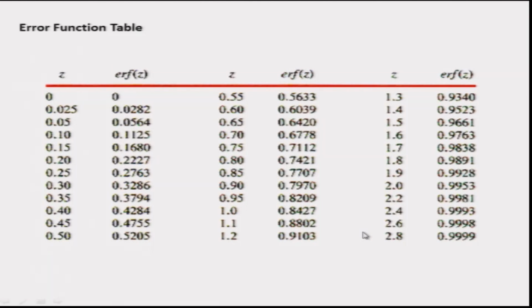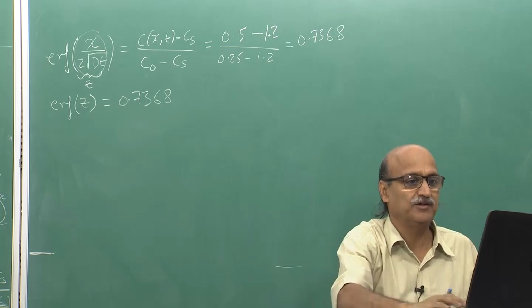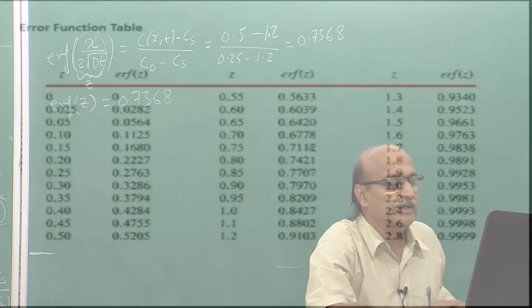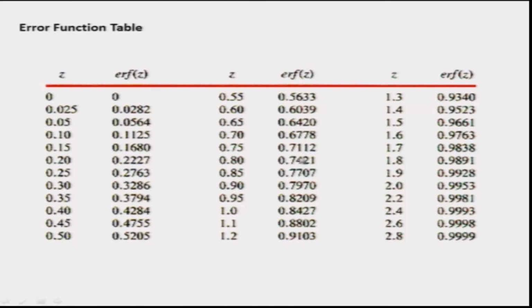Now, for the specific value in hand, 0.7368, if I locate this, I will come here. 0.7368 lies between these two values as highlighted here. Therefore, z would be between 0.75 and 0.80.